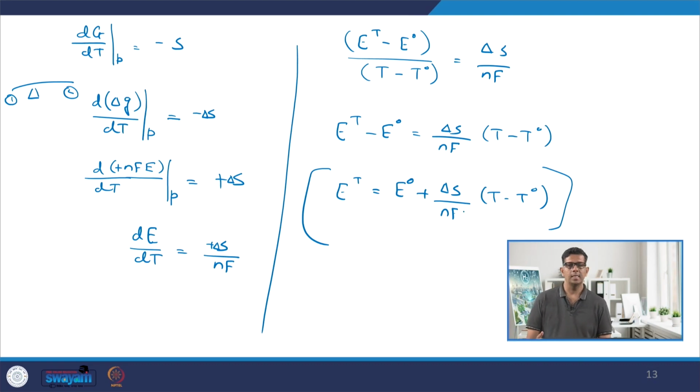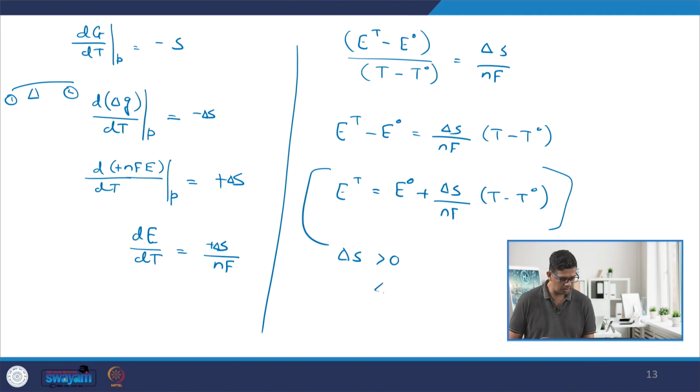So, the question arises, can this Et be larger than E naught, or can it be smaller than E naught as well? That depends primarily on the terms on the right hand side. As we can see, the first one is your entropy change. So, if this entropy change is positive, then this term will get added to the E naught, and that is how we can say that Et will be larger than E naught.